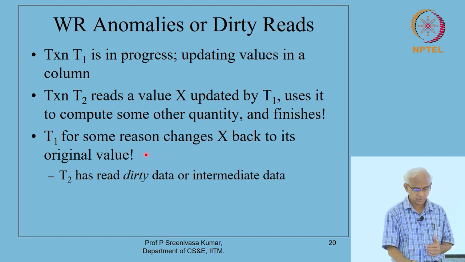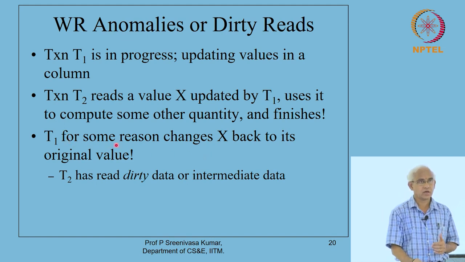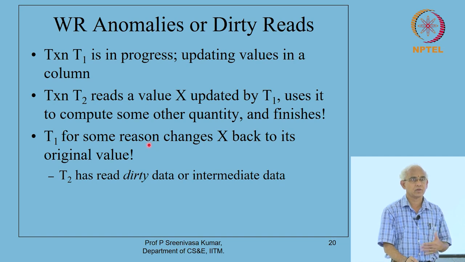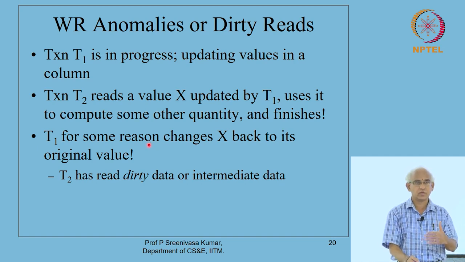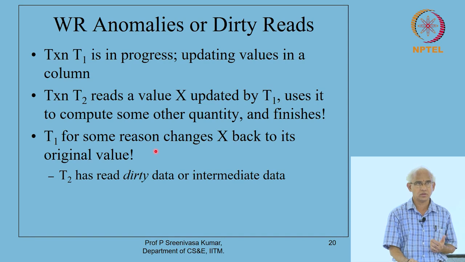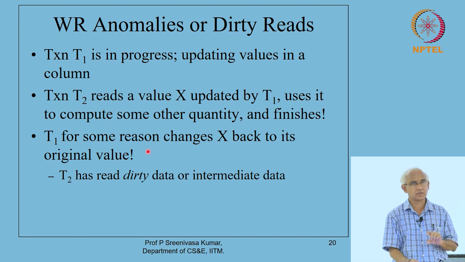Notice that as a programmer, I have the freedom to do many things with the database. I might programmatically decide at a later point of time that there has been some mistake, and so I might want to change back to the original value. Also, this might happen because we detected that the transaction T1 is not following rules properly.